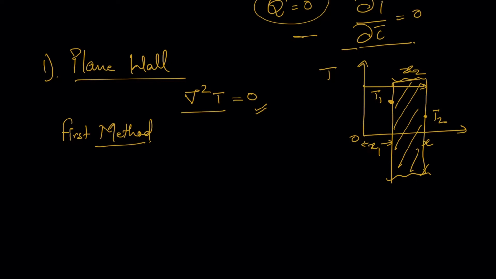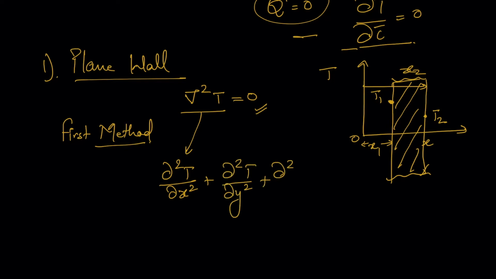So let's write in full first: del 2T by del x square plus del 2T by del y square plus del 2T by del z square equals 0. Now we are taking y and z as constant, so those terms will be 0.